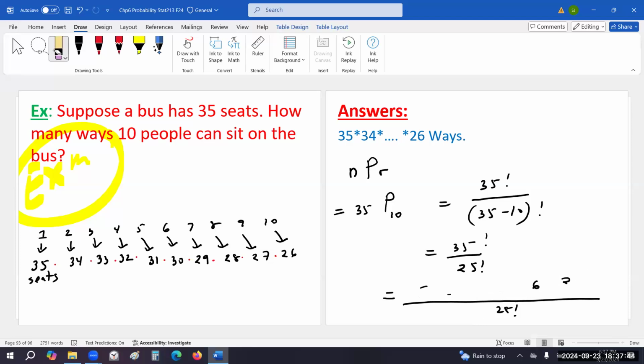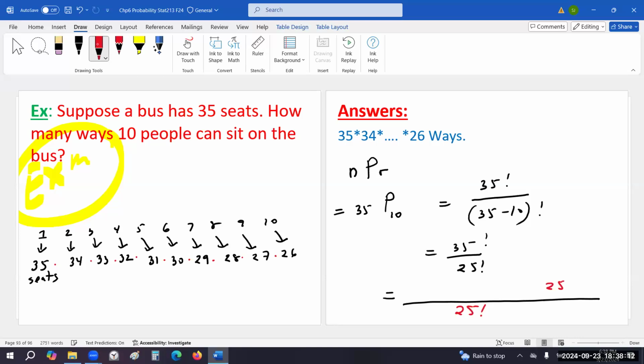So, did you understand before that 5 factorial is 5 times 4 factorial? And I said, well, we can read it as 5 times 4 times 3 factorial, right? So here our denominator is 25 factorial. And I know I already have 25 factorial inside 35 factorial, right? Because 35 factorial is 1 times all the numbers until 35.